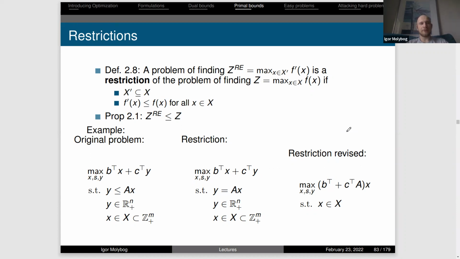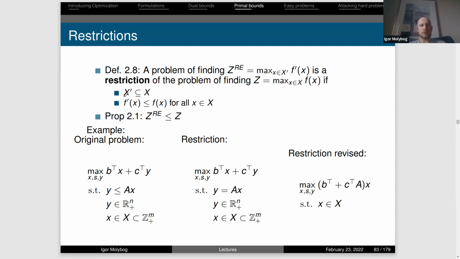The first thing that you can do is to use a restriction. Restriction is essentially the inverse of a relaxation. So if you have two problems and one is the relaxation of the other, then the other is a restriction of the one. So it's the other way around.